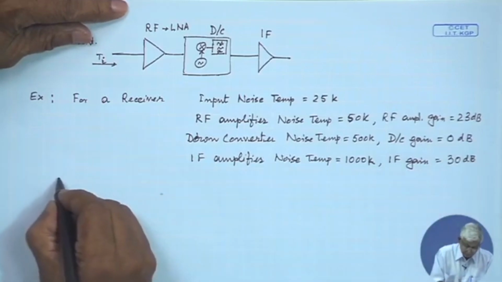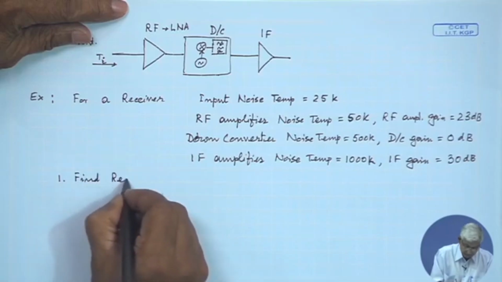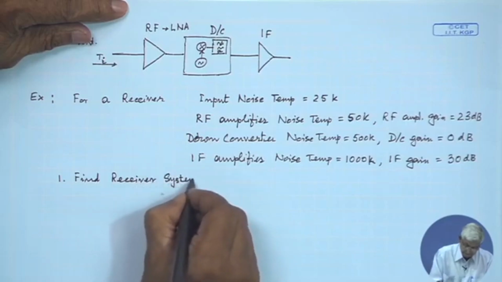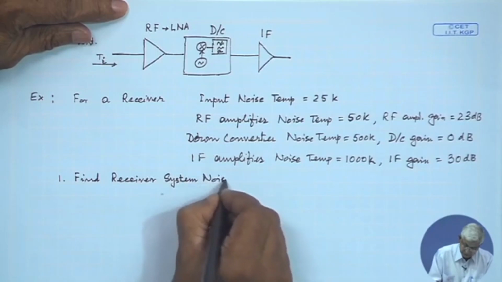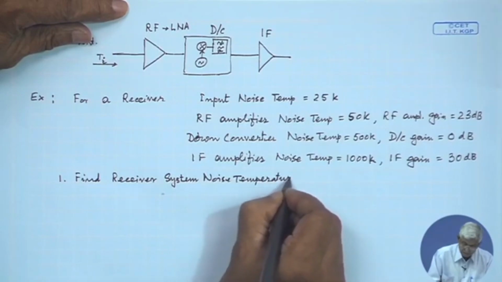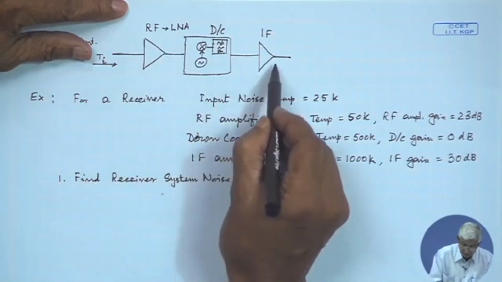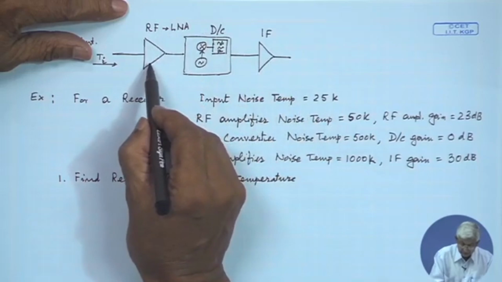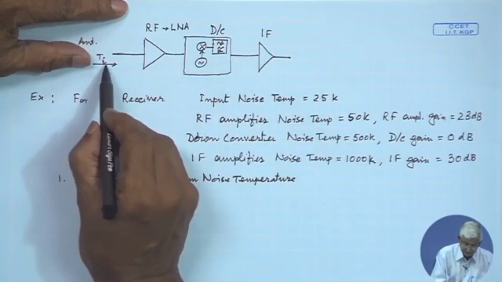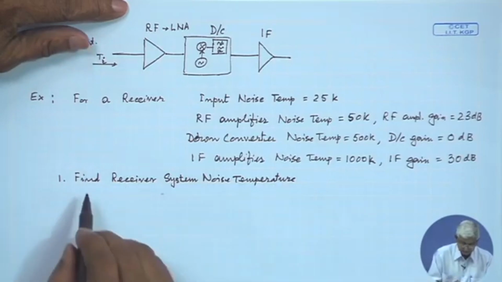Now, the first problem is to find the receiver system noise temperature. When I say system noise temperature, you have to find the equivalent noise temperature of these 3 subsystems in cascade and add the input noise temperature also. That gives you the system noise temperature.